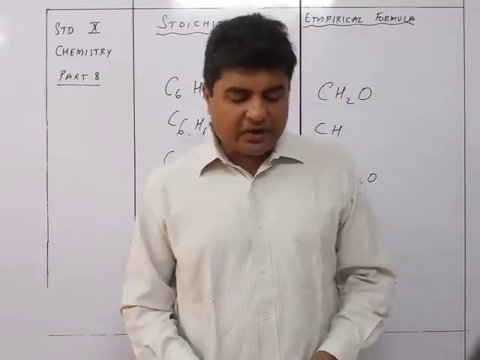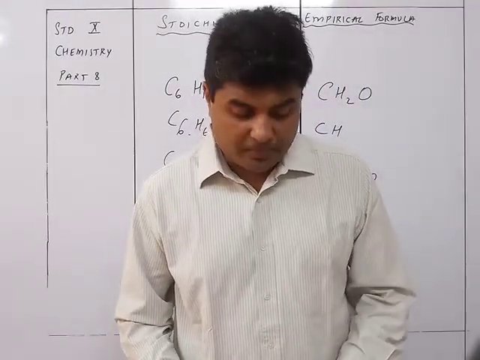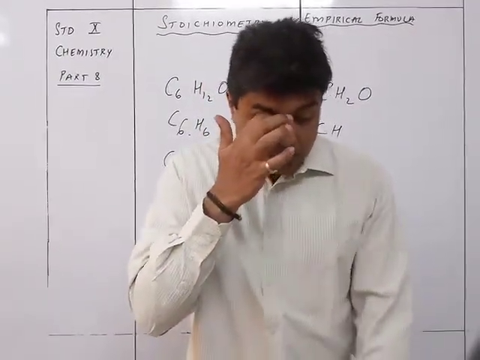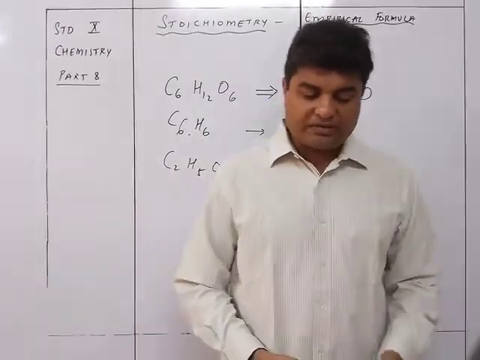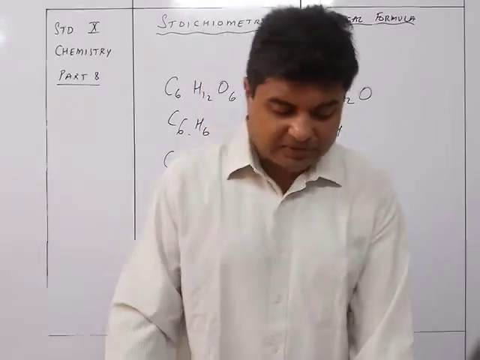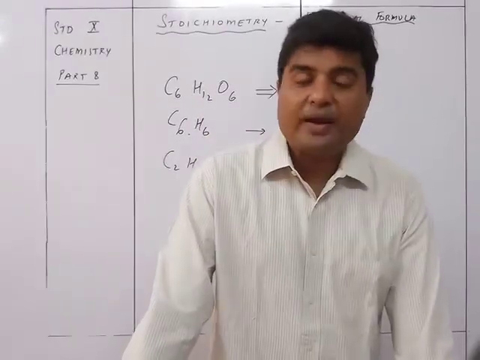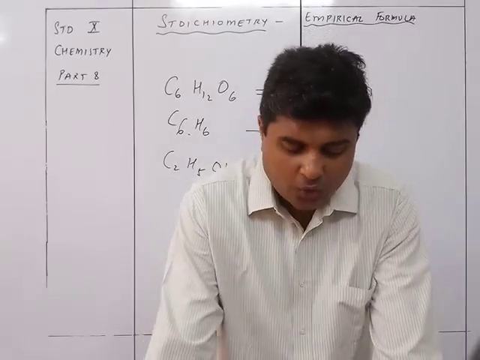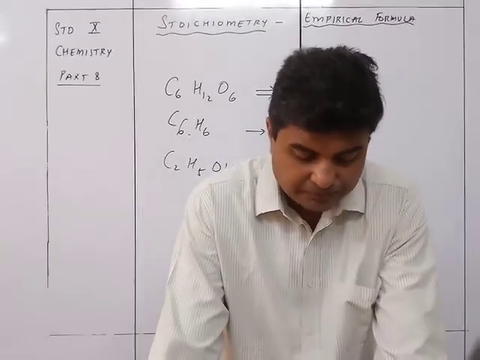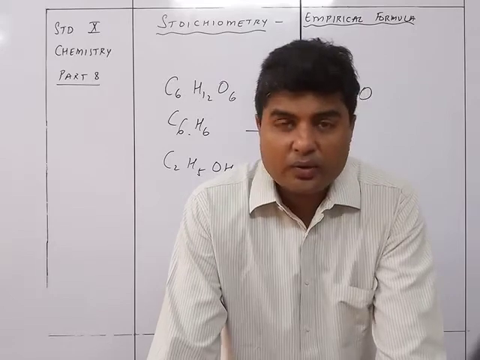So for determination of the empirical formula of a compound of sodium, sulfur, and oxygen having percentage composition of Na 29.11%, S 40.51%, and O 30.38%, first of all we are going to make a table.